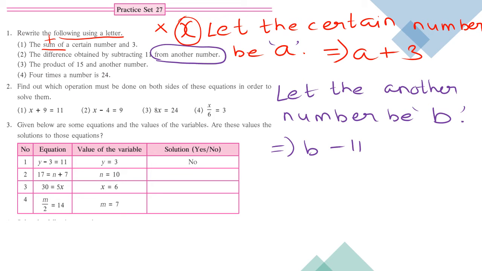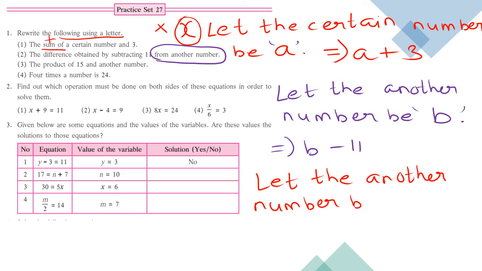And after this one, now let us solve 3. The product of 15 and another number. So let the another number be C. So the product of 15 and another number.